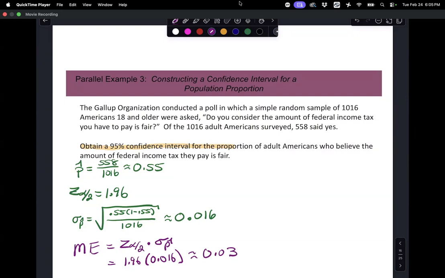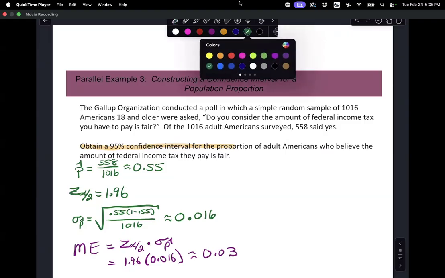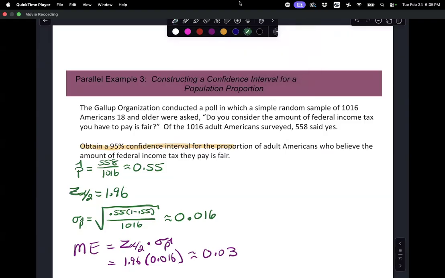All right. Okay. So this is our margin of error. Once again, you can answer it either p hat plus or minus your margin of error, so that it would be 0.55 plus or minus 0.03, or we would do the lower, upper.